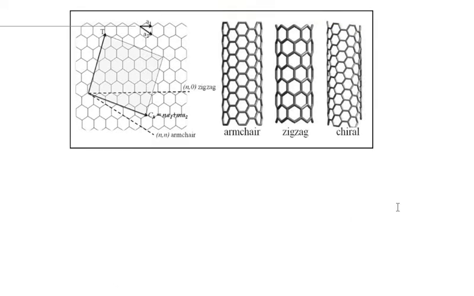Okay, now for a zigzag nanotube, the direction which forms the circumferential direction of the nanotube is basically this direction over here. So let us actually write the circumferential direction over here.